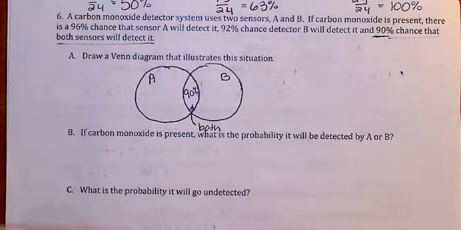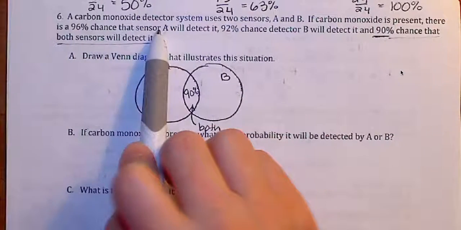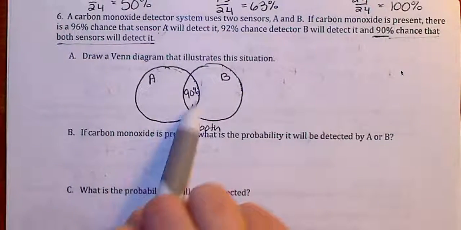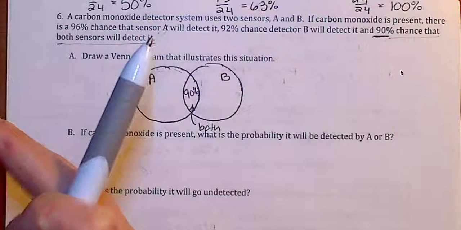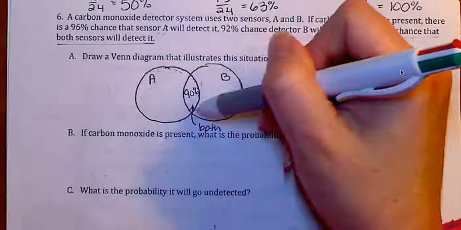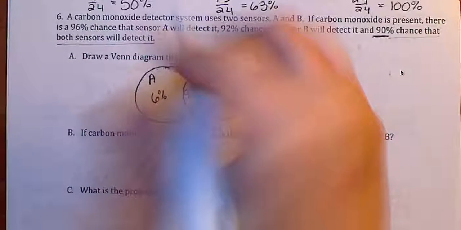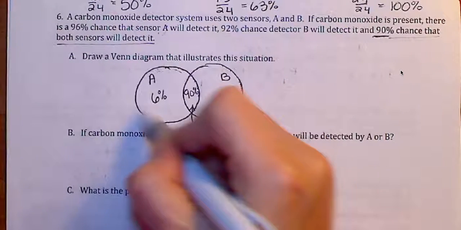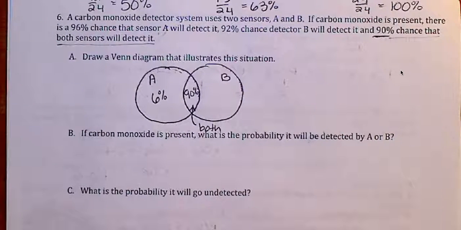Now, if overall there's a 96% chance that sensor A will detect it, that means the entire circle should be 96%. We already have 90% accounted for within this overlapping region. So there should be only 6% left over here, because the whole circle has to be 96% to represent that detector A would sense it, okay?